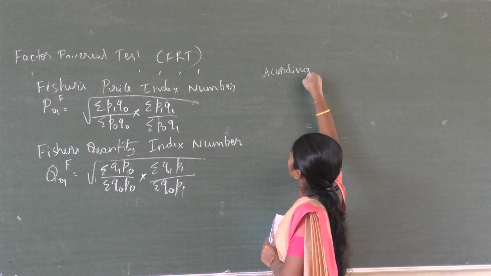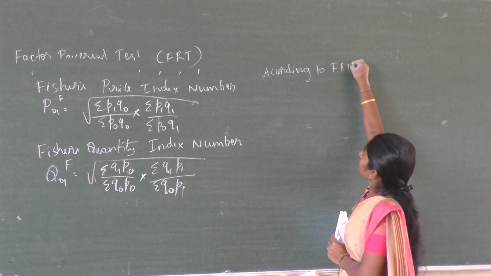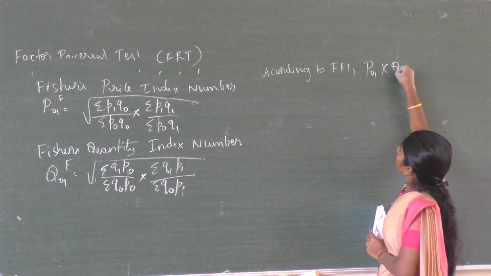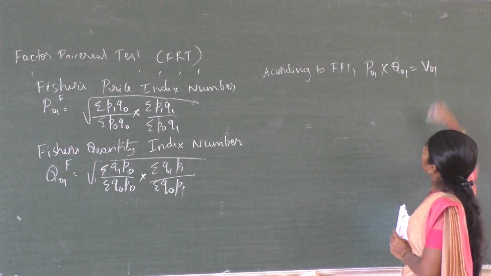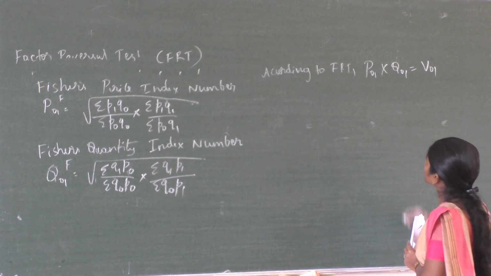According to FRT, P01 into Q01 is V01. This is our formula.